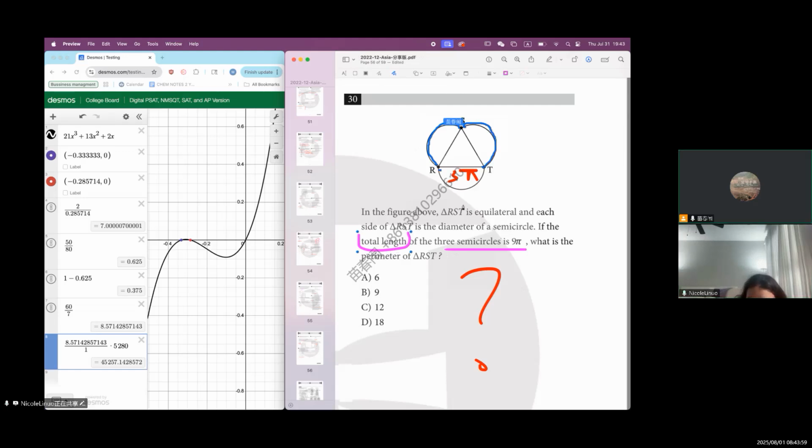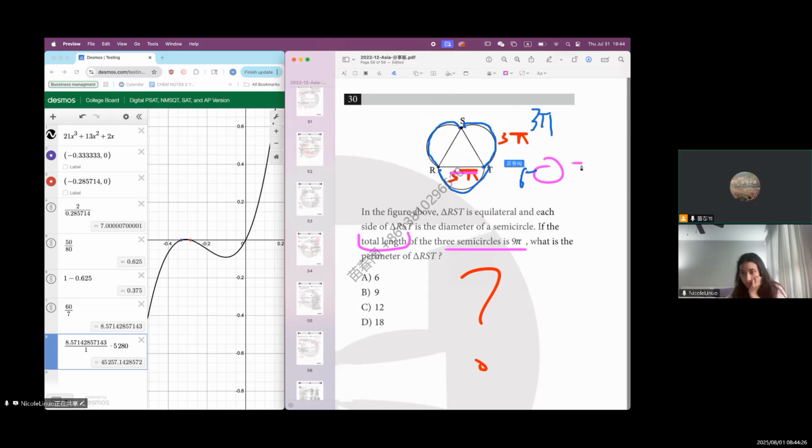Divided by 3, then each semicircle is 3 pi, right? If it's 3 pi, what can you get? That the circumference is 6 pi.